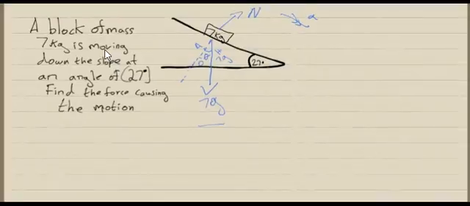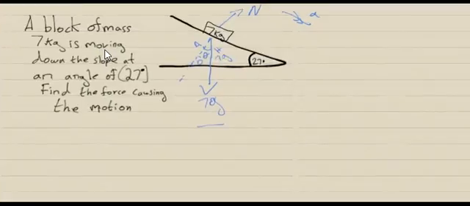I want you to get into the practice of using the method that I'm going to show you. So we're going to find the resultant force in the direction of the normal force. We use the letter R, in the direction of the normal force, which would then equal N, if we're taking N as positive, minus 7g cos theta.